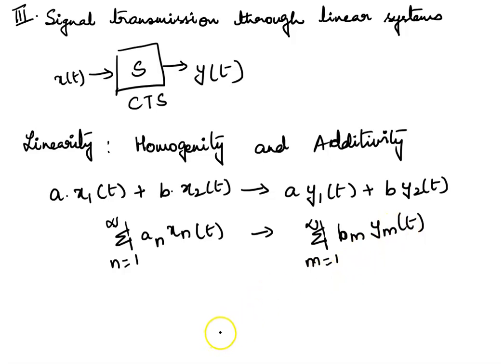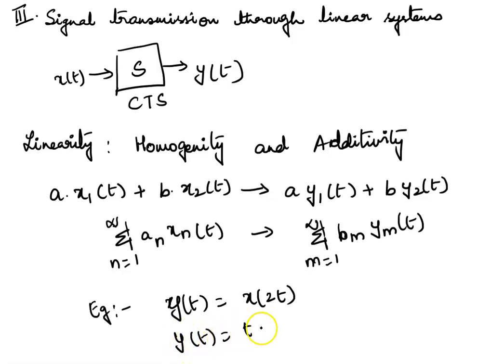Then we claim that the system is linear in nature. We have seen a few examples of linear systems earlier, where y of t is x of 2t. This is a linear system, and y of t is t times x of t. This is also a linear system.